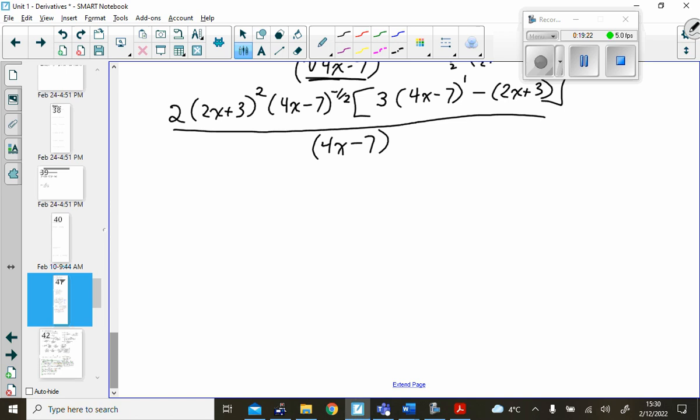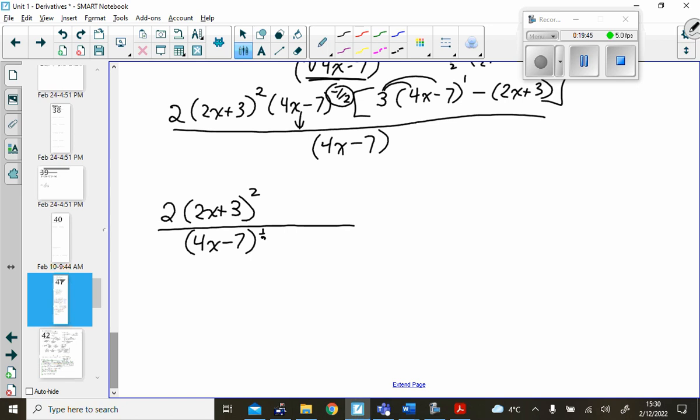Time to play around a bit with this bracket. So I will get 2 bracket (2x plus 3) squared. Let's move this down now. It's a negative exponent. Let's shove it downstairs. So I'm going to get (4x minus 7) to the 1/2 and another (4x minus 7).